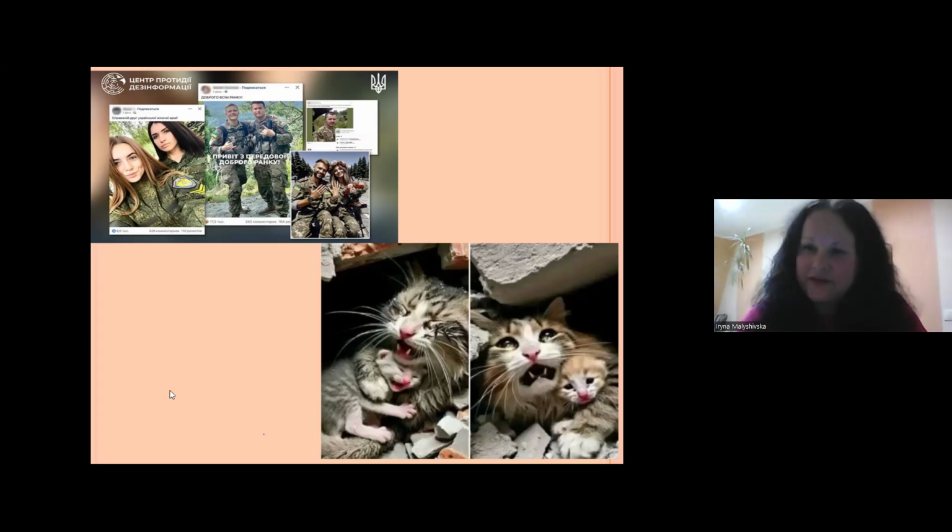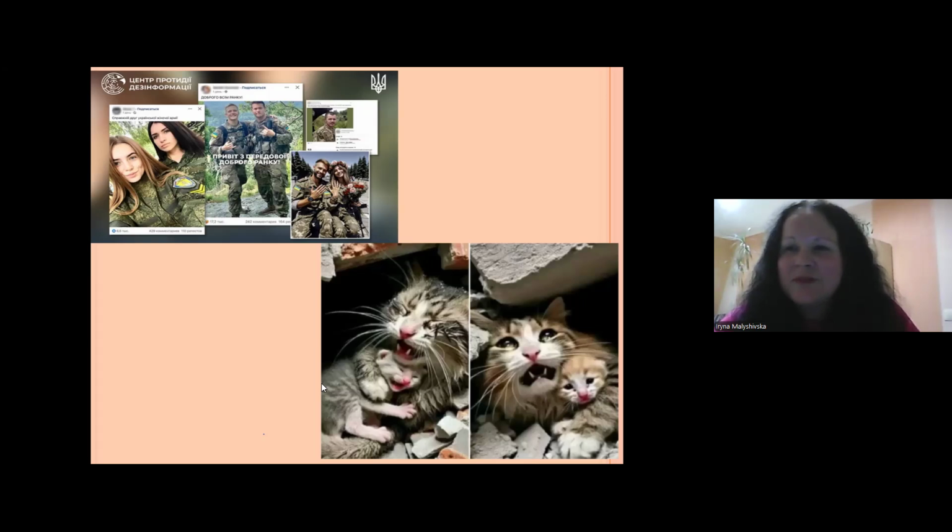Like in the first case, being in an army is not a disaster, people are happy there, everything is fine. In the second picture, you see this poor mama cat holding her baby. Of course, it's AI generated. It's clear that it's AI generated, but it's not about that. It's about evoking this particular type of feelings. It works like a hook.